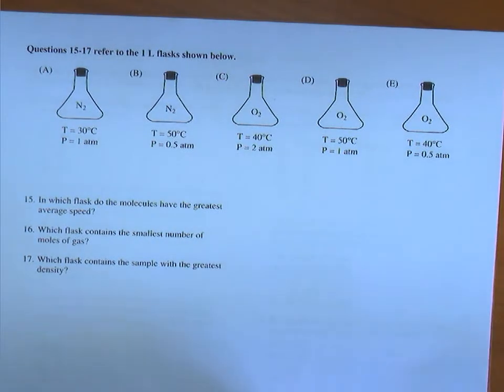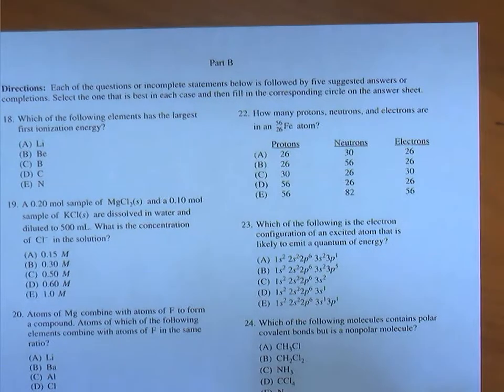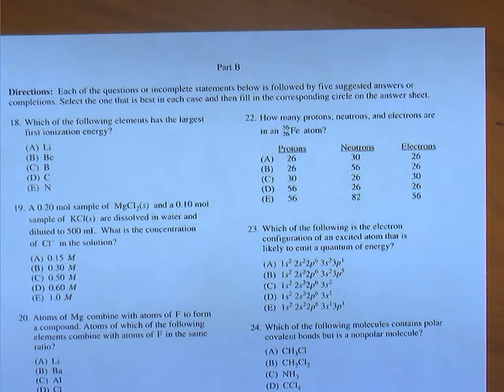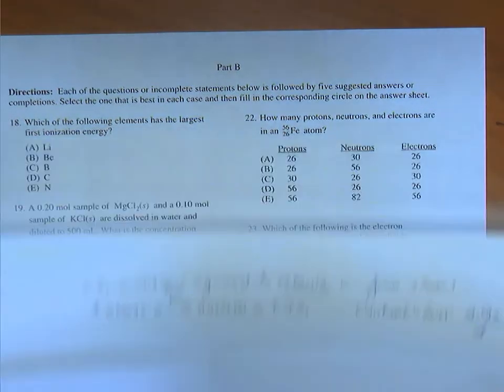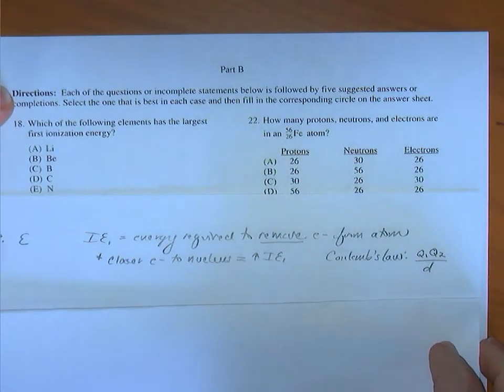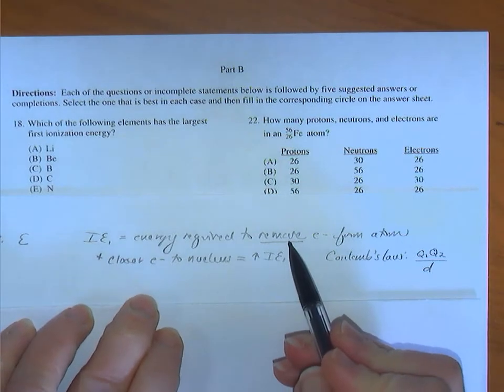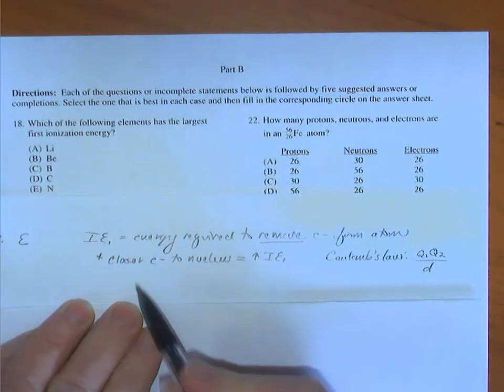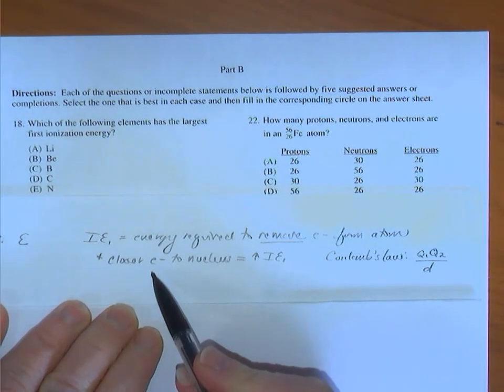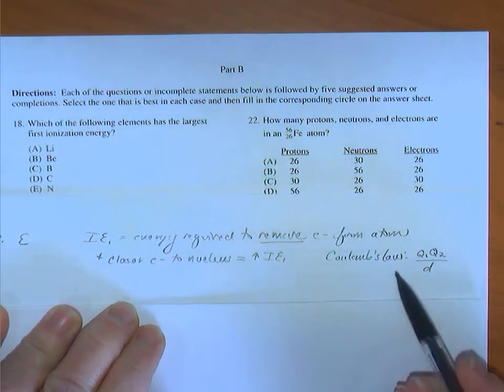All right, now for a clump of questions. All right, 18. First, ionization energy. Remember, ionization energy is the energy required to remove an electron from an atom. The closer the electron is to the nucleus, the greater the energy requirement. Coulomb's law.